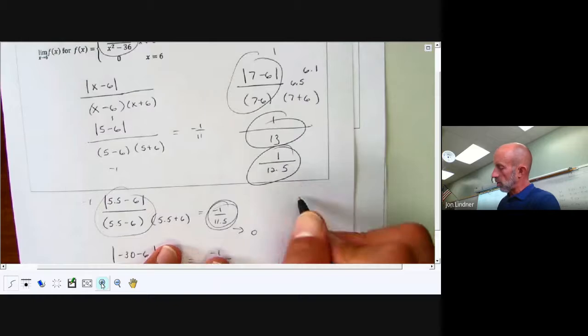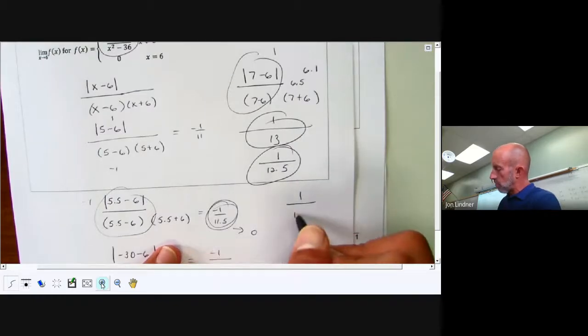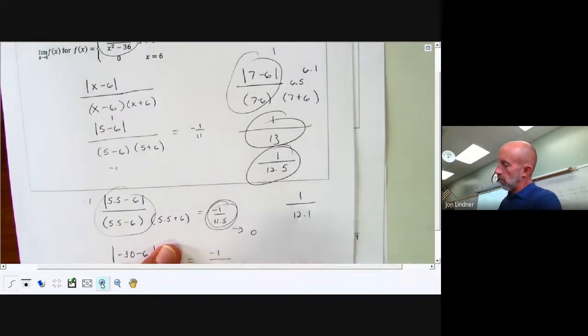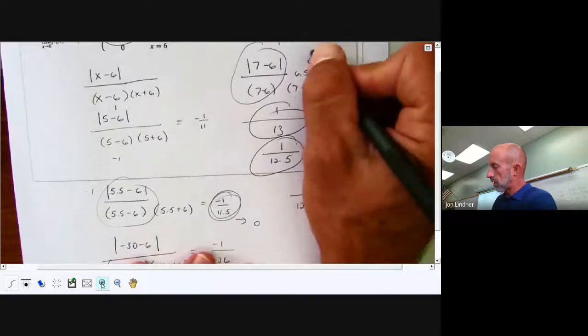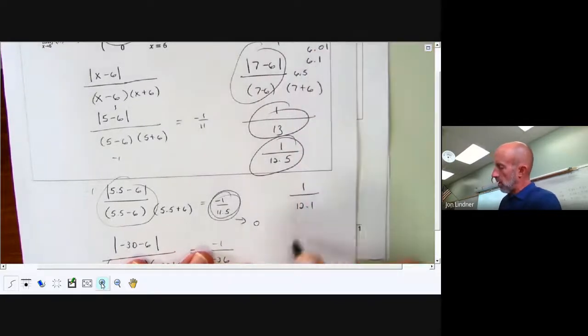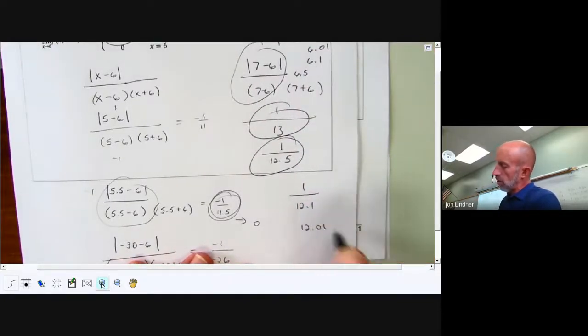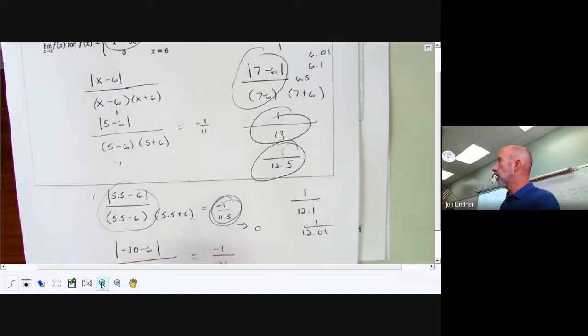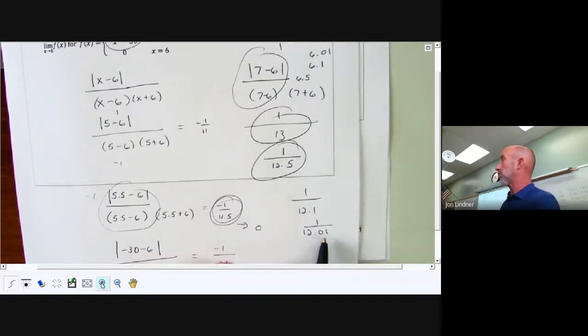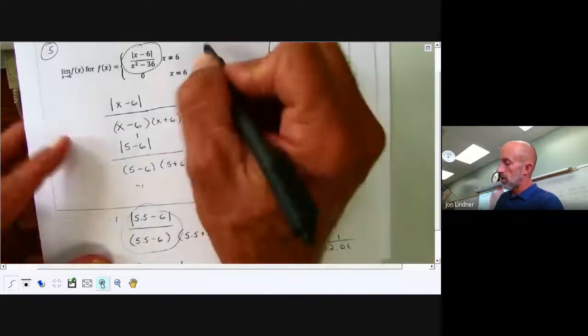Well, now this thing is going to be 1 over 12.1. And the closer and closer I get, if I were to do 6.01, now this is going to be 12.01. This thing is no longer approaching 0. All right. It now looks to me like it's approaching 1/12. Okay. So this limit does not exist.